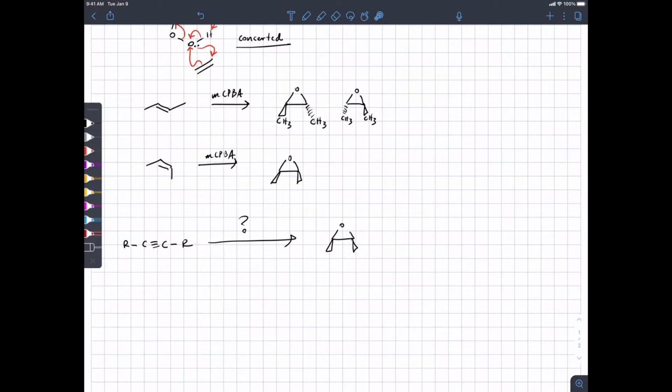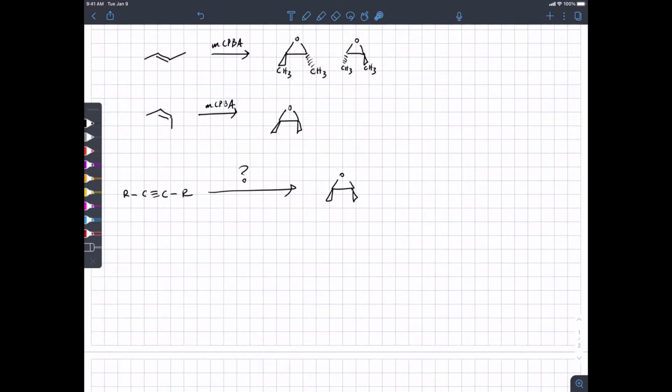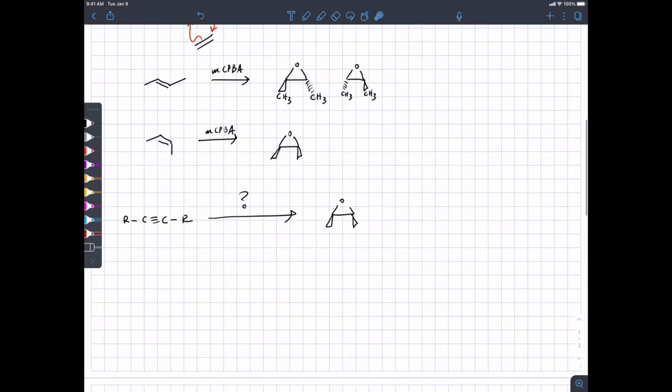One interesting aside that your text points out at this stage is that there's another thing you can do with epoxides, and this is something you've already done, so it's not necessarily new.